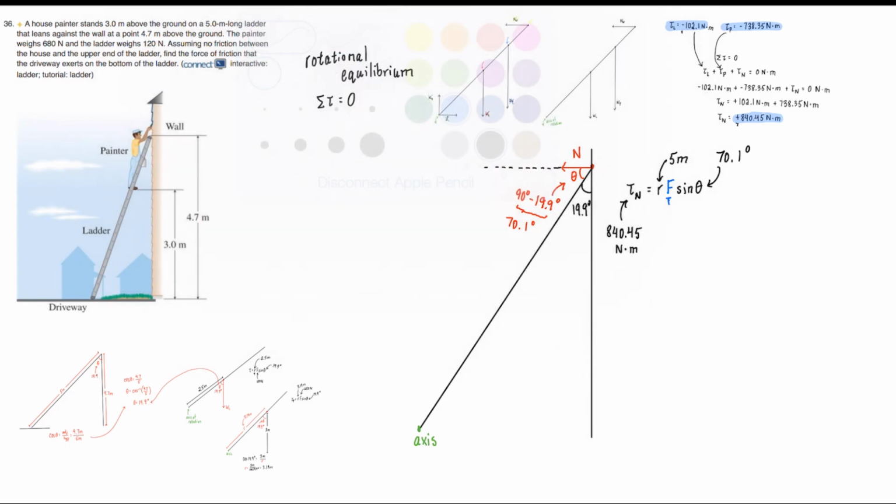And now solving for the normal force, or F, we end up getting 840.45 divided by 5 meters times sine 70.1 degrees.